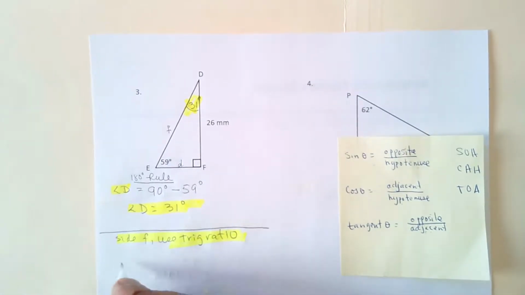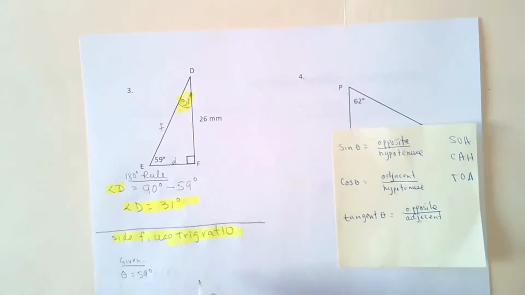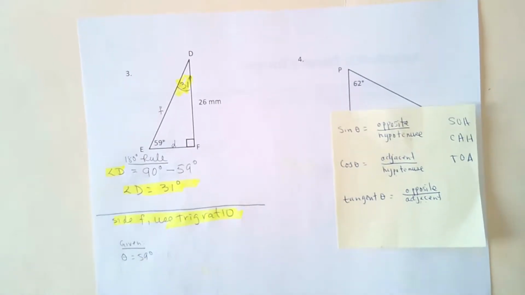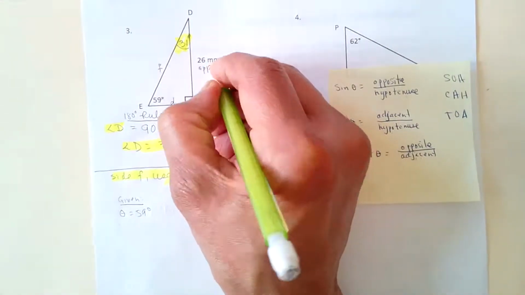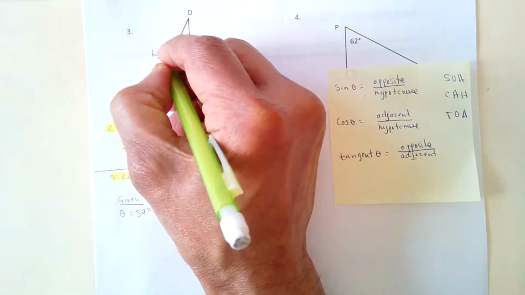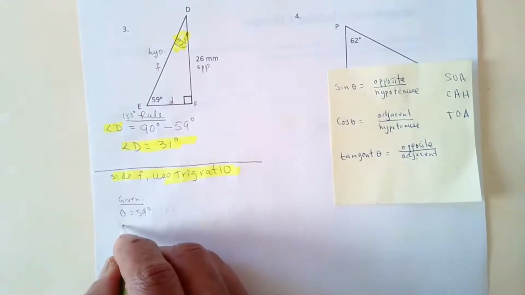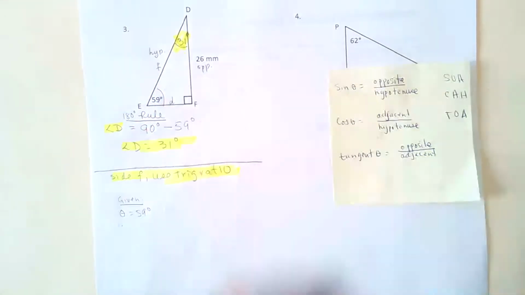So what are we given? We are given angle theta, which is 59 degrees, and we're given the opposite side here. So we know this is the hypotenuse we need to find. We're given the opposite, because we're referring to this angle here.